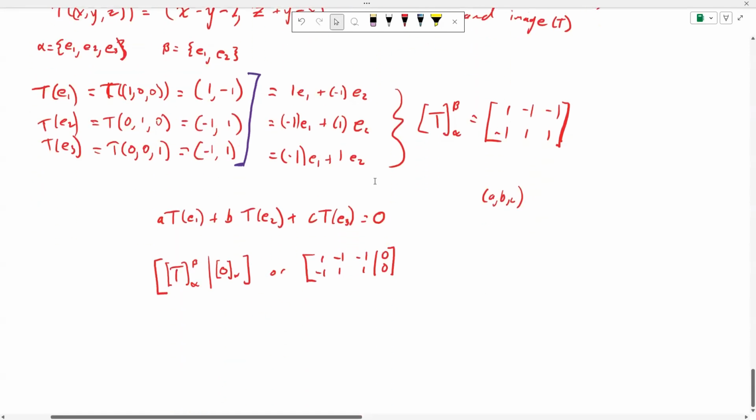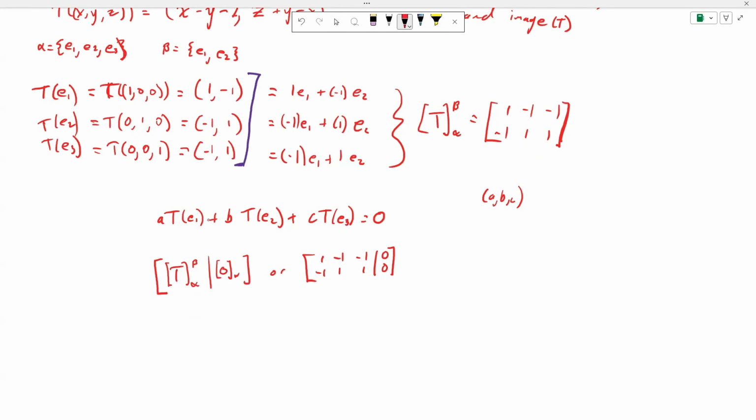So by creating this matrix representation, we get the augmented matrix of this system of equations for free. We don't need to go through and solve it. We know what it's going to be given our matrix representation of the operator T.